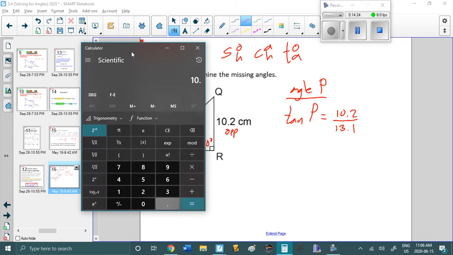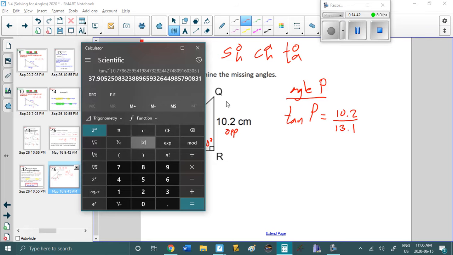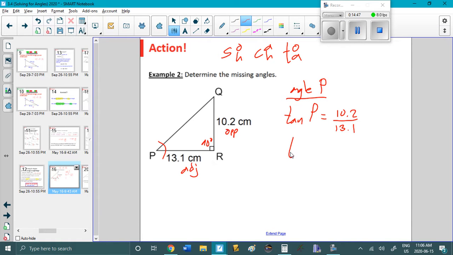Now I go to the calculator, and I can do this in one step. So 10.2 divided by 13.1 equals, so tan P equals this number. If you want, you can write this number down, round it to 4 decimal places, but we can do better than that. Once we have the number, we just do second tan, and we get about 38 degrees. You could have done it like this though.